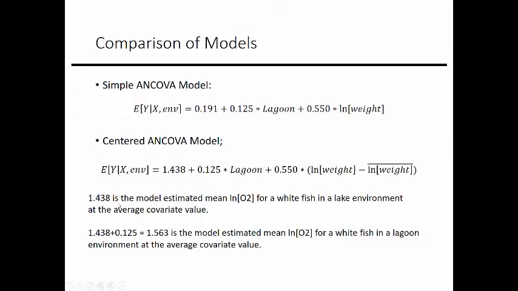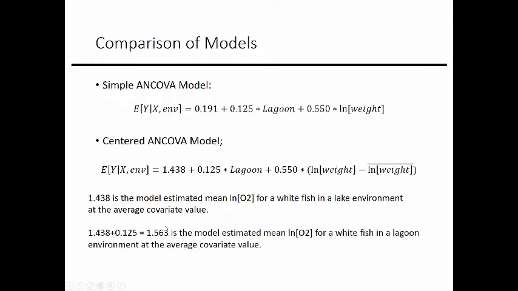So again, 1.438 is the model estimated mean of the natural log of oxygen for a whitefish in a lake environment at the average covariate value. And the 1.563 is the model estimated mean natural log of oxygen consumption for a whitefish in a lagoon environment at the average covariate value.